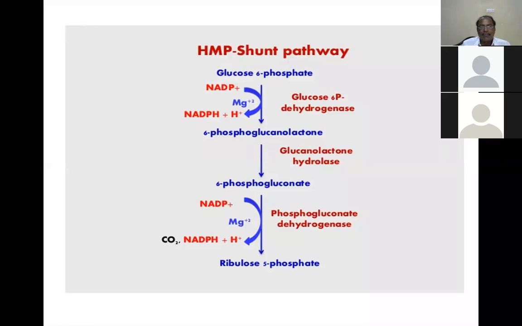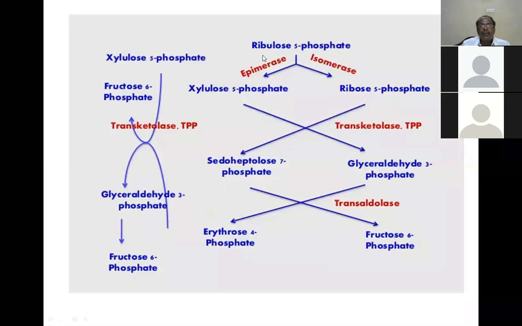Now, the next part. Imagine one molecule of ribulose 5-phosphate. It will be acted upon by two different kinds of enzymes. One is isomerase. When you call it isomerase, a ketose will be converted to an aldose, or an aldose will be converted to a ketose.